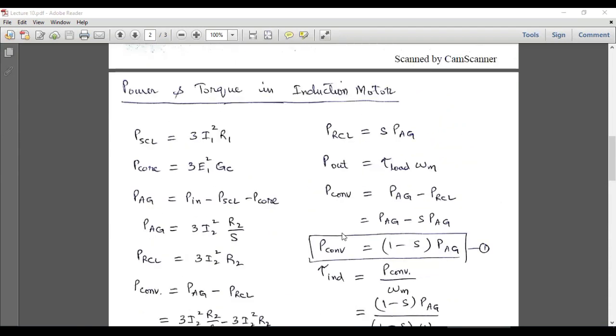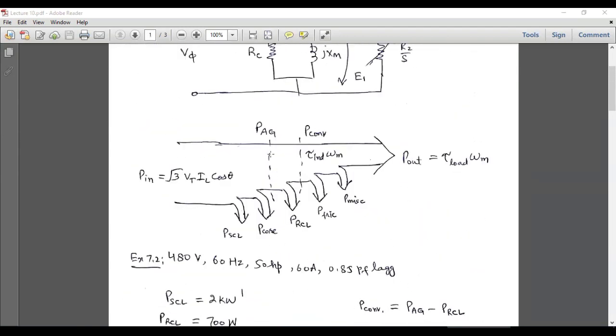So if we see this figure, here at this stage we have air gap power, and at this point only the magnetic field is revolving at a synchronous speed omega S. So at this stage, the induced torque should be equal to the power at this stage, which is air gap power divided by the speed, which is omega S. So if we move to this stage, we have the power which is P converted, and here we are present at the rotor side, and the speed of the rotor is actually omega M. So induced torque is equal to P converted over omega M at this stage, and also induced torque is equal to air gap power over omega S at this stage.